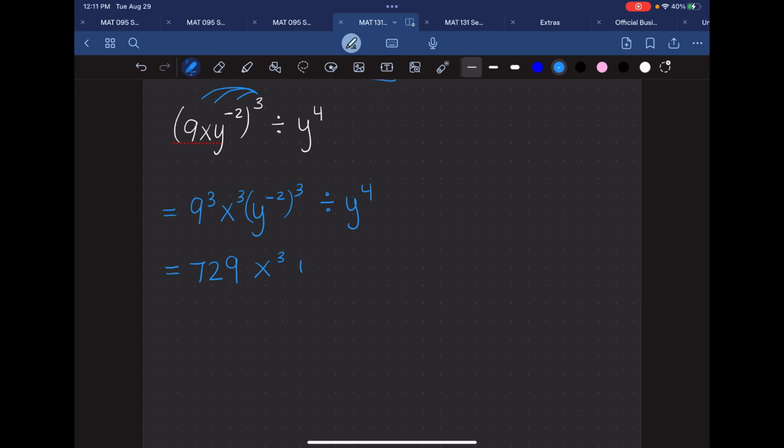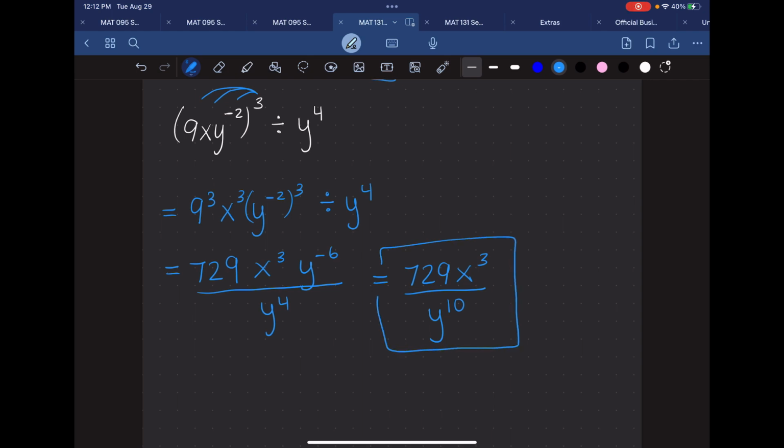So we have y to the negative 6, and then I'm dividing by y to the 4th. Now I have these y's in the numerator and denominator, so I can simplify something here. So I've got 729x cubed. The y to the negative 6 can be put in the denominator, so now I have y to the 10th. And this would be our final answer.